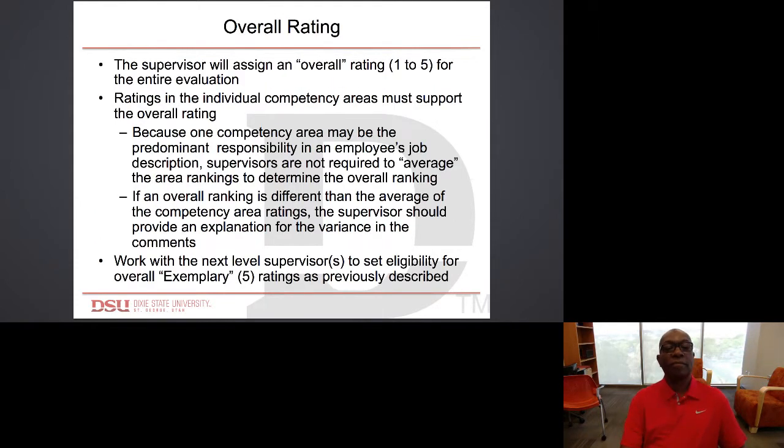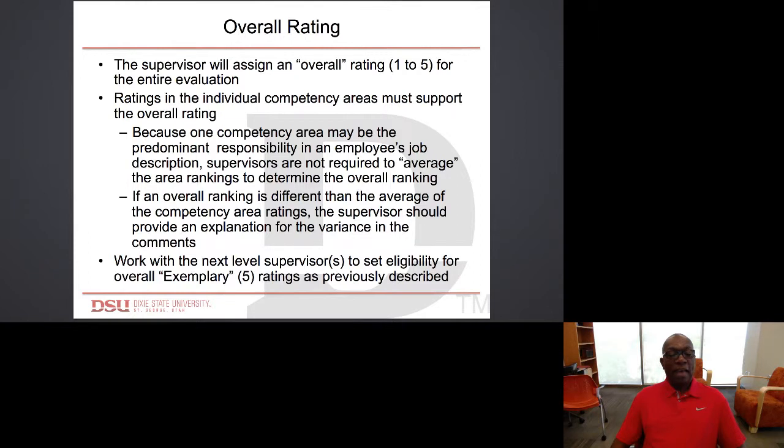Overall rating. The supervisor will assign an overall rating, 1 through 5, for the entire evaluation. Ratings in the individual competency areas must support the overall rating. Because one competency area may be a predominant responsibility in an employee's job description, supervisors are not required to average the area rankings to determine the overall ranking.